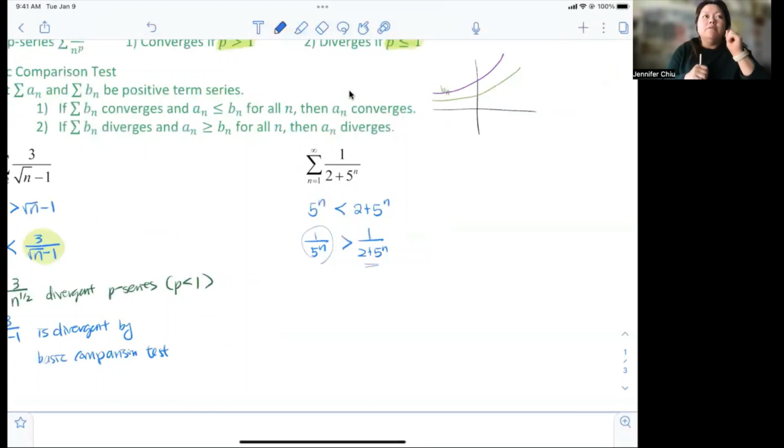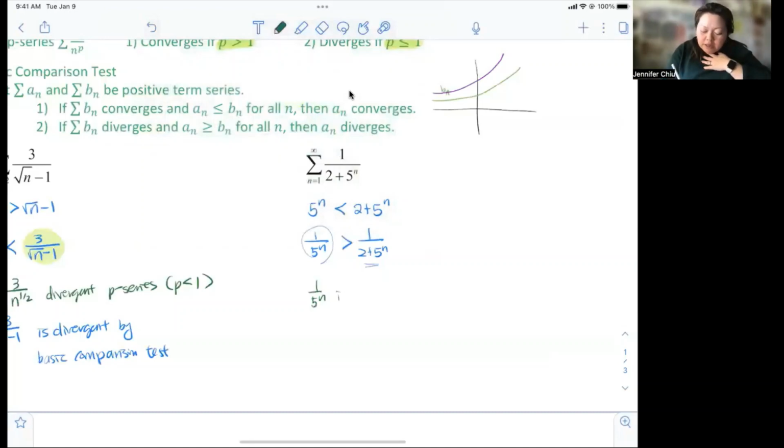So I'm looking for a convergent series in the one I'm comparing it to, because the one I want to know is smaller. Smaller, convergent. Okay, so now I look at this series that I know, 1 over 5 to the n. Oops. 1 over 5 to the n is a geometric series. If you need to know, list out some terms and you'll see it's a geometric series with a ratio of 1/5.